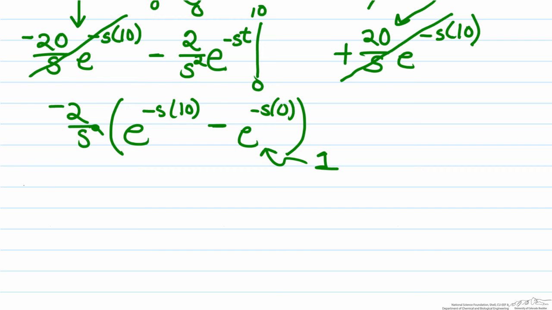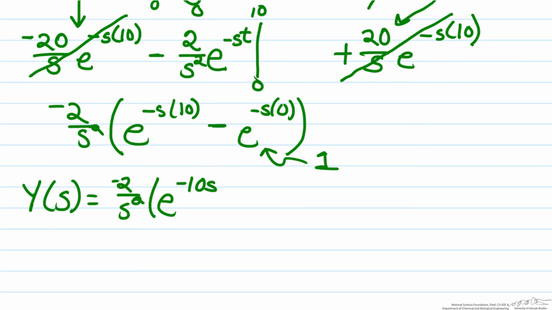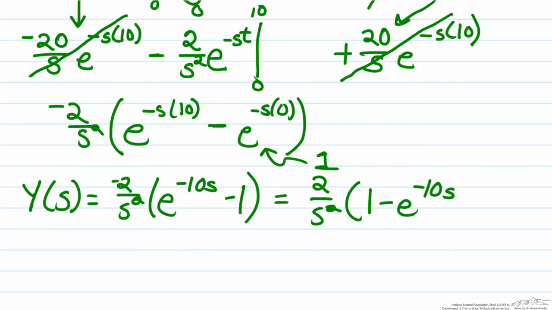So that'll leave us with our function in the Laplace domain equals negative 2 over s squared multiplied by e to the negative 10s minus 1, where this can also be restated as positive 2 over s squared multiplied by 1 minus e to the negative 10s.